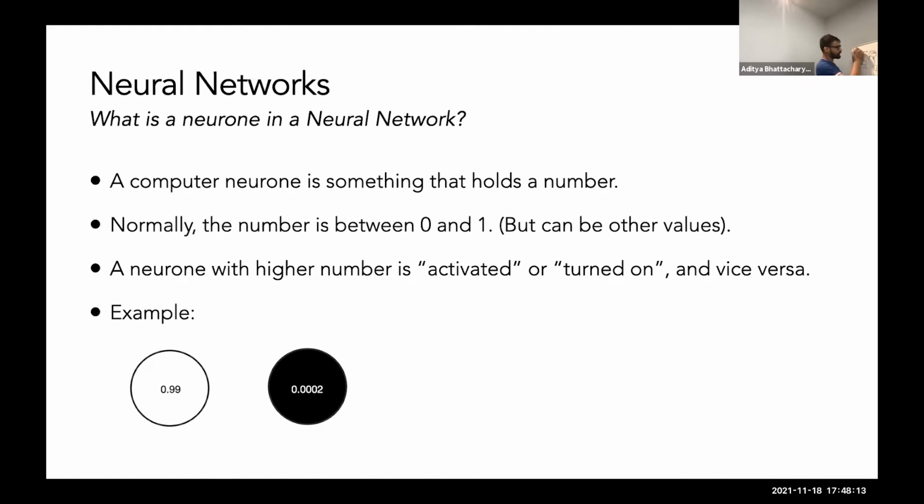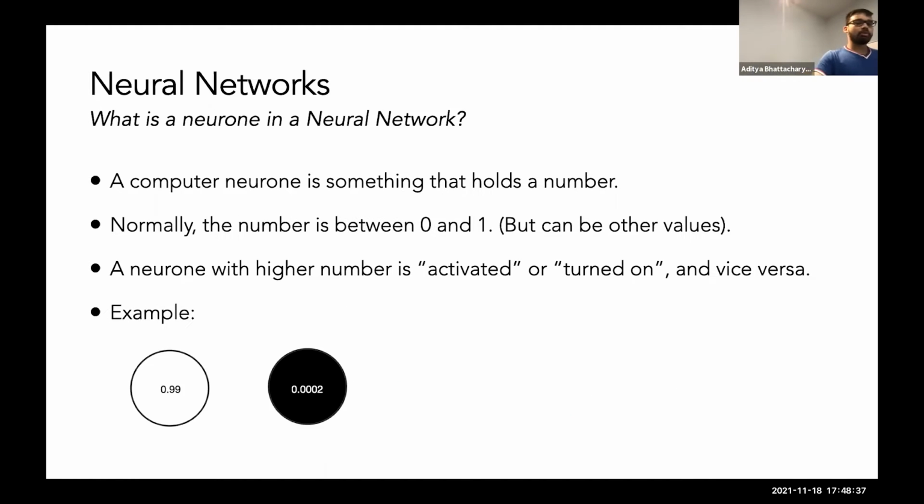If it sees something like a 3, it will probably have a very low value, 0.001 or something. The idea is that a neuron normally tries to see if a pattern that it's trained to detect is present in an image or not.